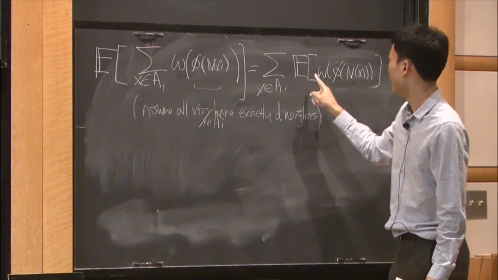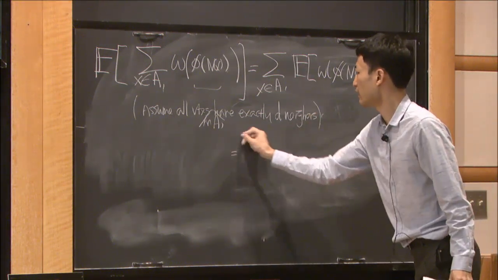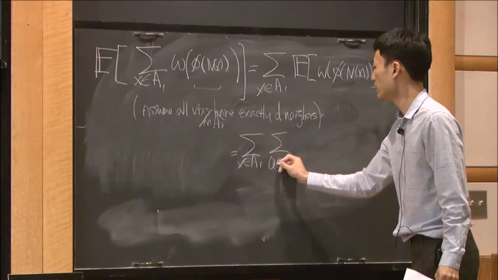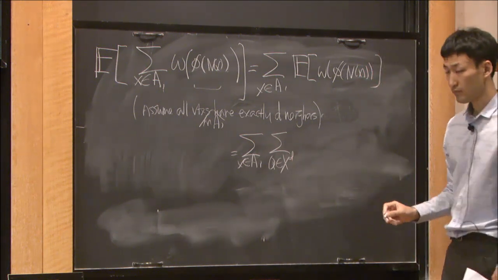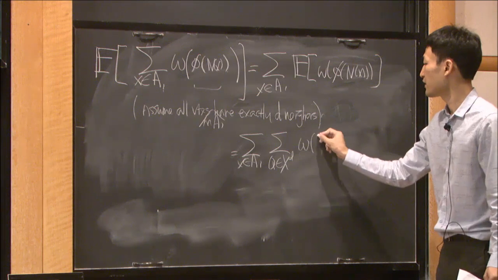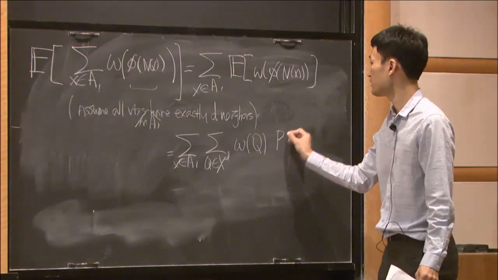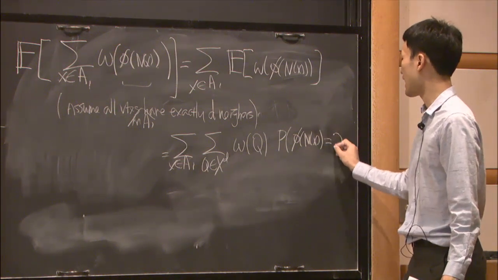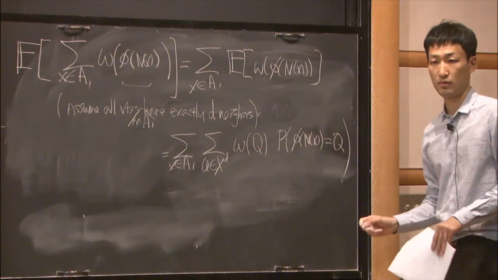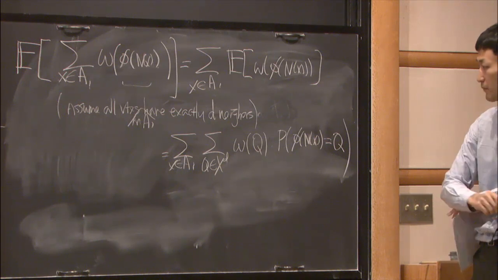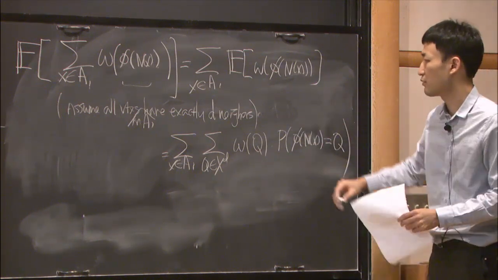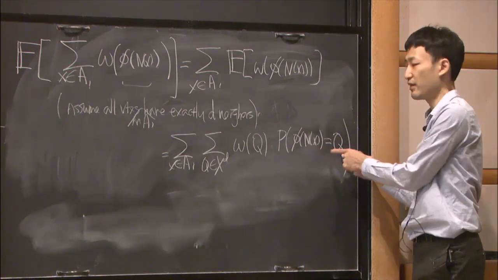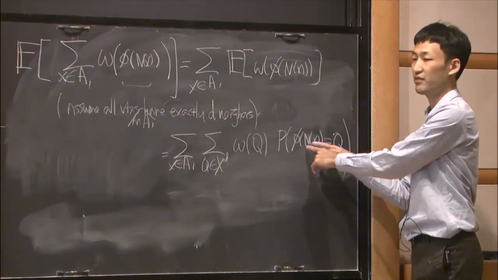And this one is the sum over all A1, sum over all D tuples Q in X, the defect of Q times the probability that the neighbors got mapped exactly to Q. I just sorted it out. Now, here is a slight abuse of notation because I said Q is an ordered D tuple, while the neighborhood is just a set.